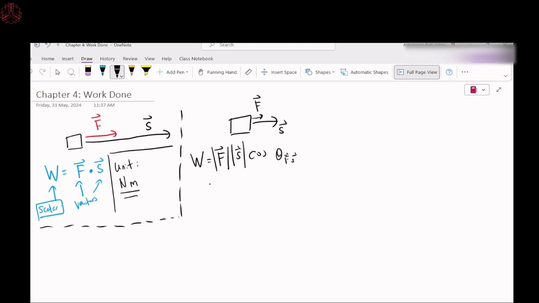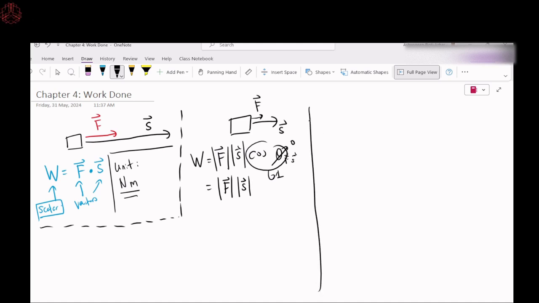Then my theta is simply 0, my cos theta is 1. Therefore, my work done is just the magnitude of F multiplied by the magnitude of S.